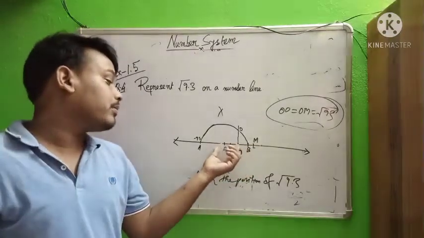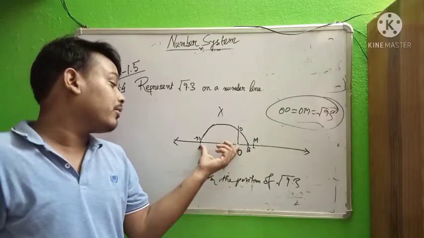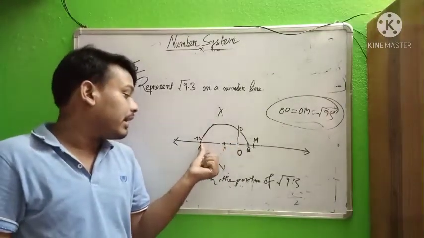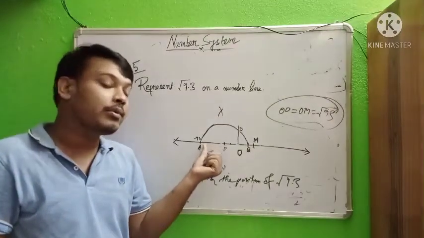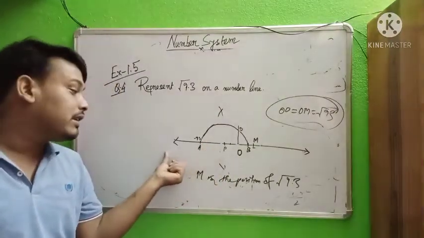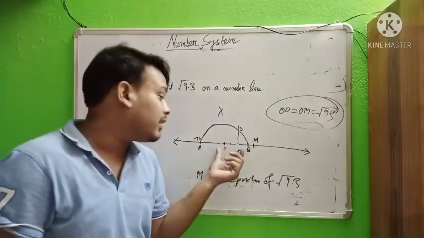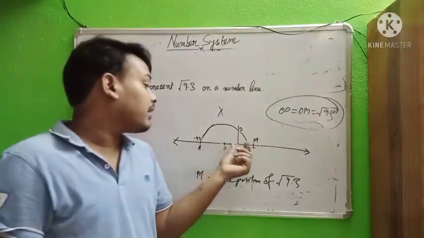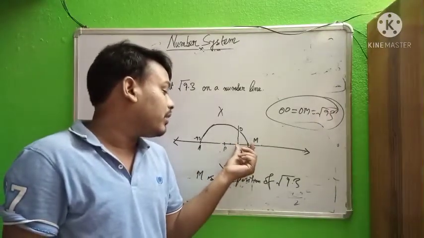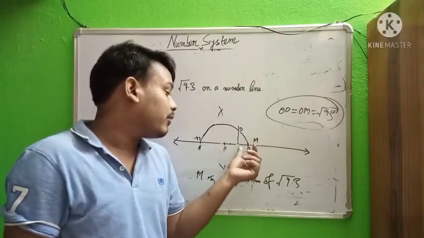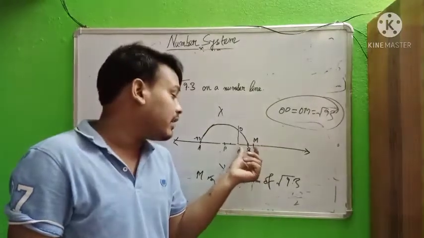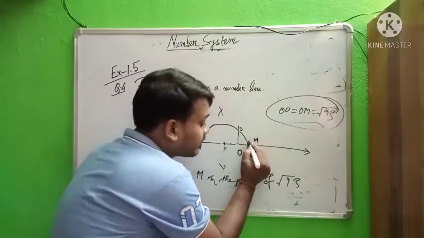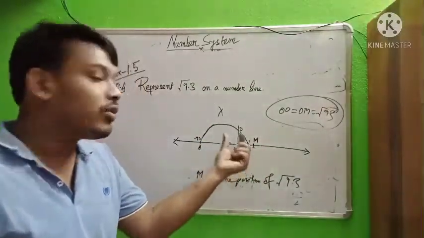From 0 we take root 9.3 on the left side and name it A. Then the position of A is minus 9.3, since in this direction the negative real numbers are. The next step is we take one unit on the right side from O. If B is the position of 1, then OB equals 1 unit.